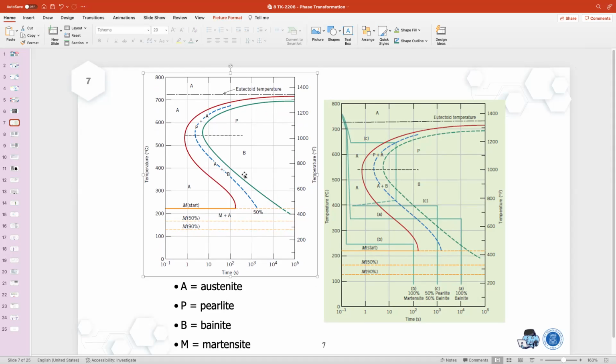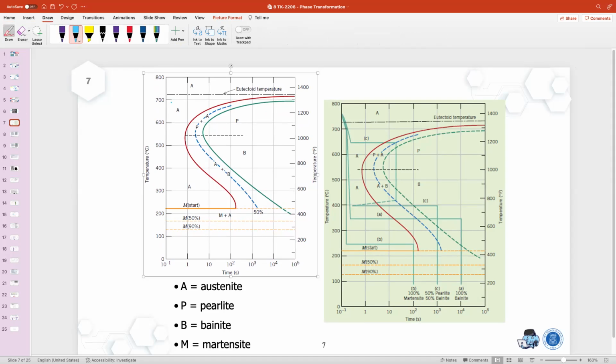So what is bainite? Let's say this is 100% bainite.